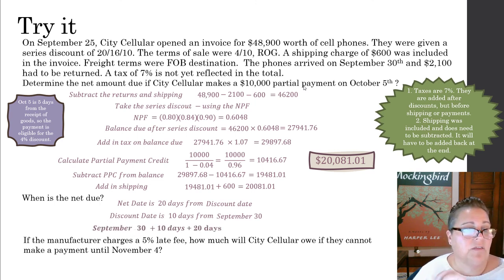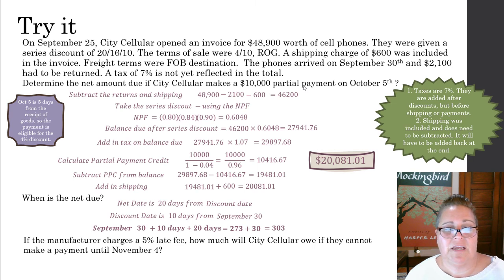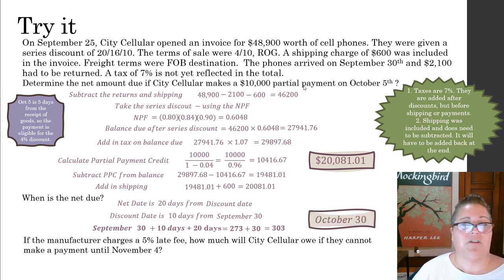So we do September 30th plus 10 days for the discount plus 20 days from that. September 30th is day 273 on my table. I add 30 days to that, and I have day 303. Looking day 303 up on the table, we have October 30th. All right. So my $20,081.01 is due on October 30th.